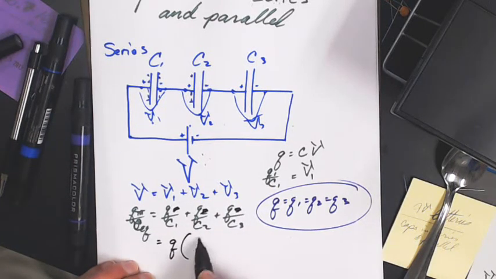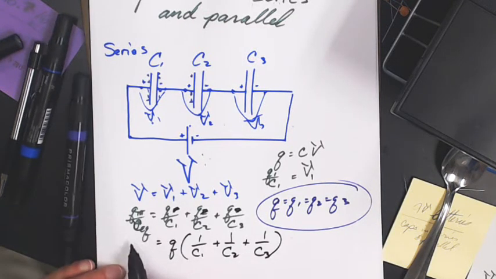So I end up with Q times 1 over C1 plus 1 over C2, the capacitance of 2, plus 1 over the capacitance of the third one. And all of this equals Q, my total charge, because that is the total on each one of them, divided by my equivalent capacitance.